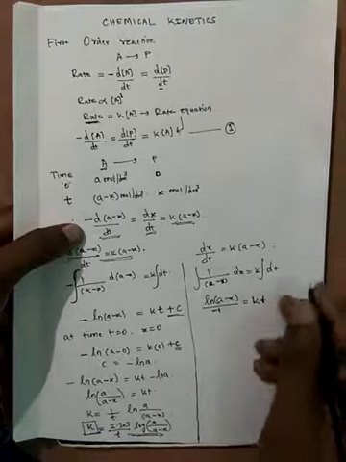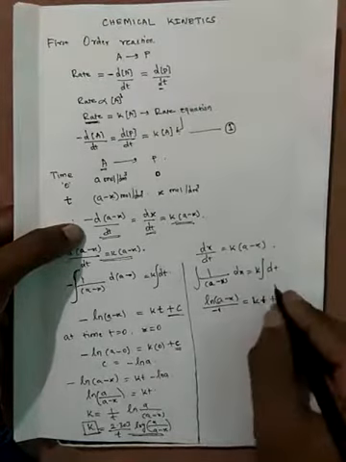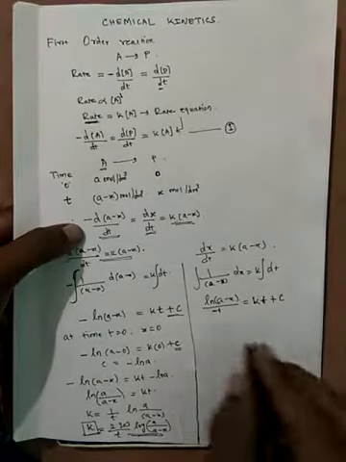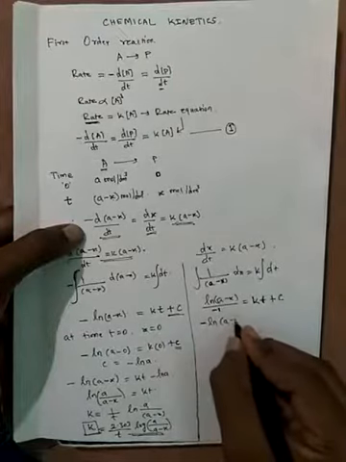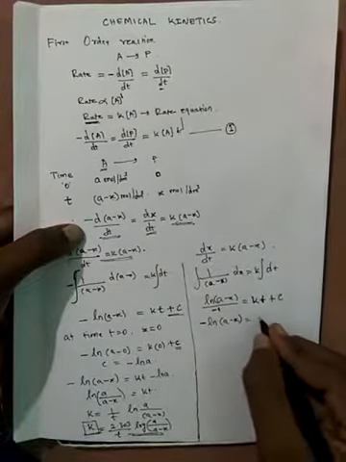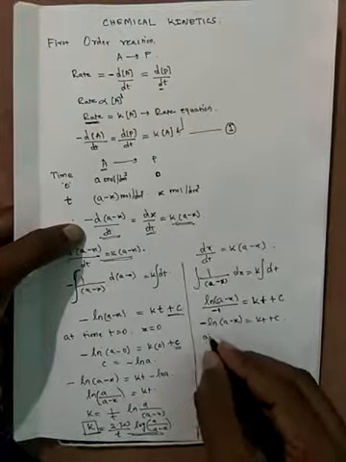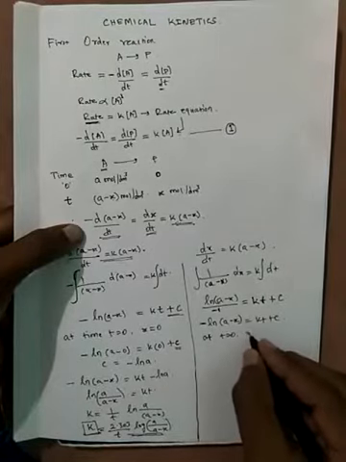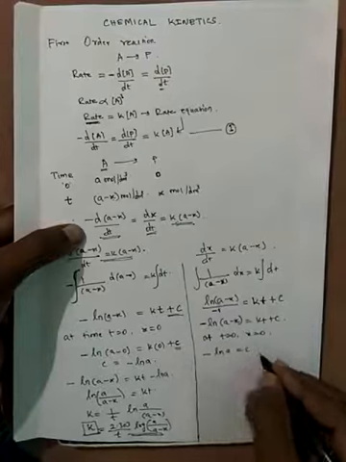So for this constant, if you take this side, you'll have a constant. So this is minus natural logarithm of a minus x equal to kt plus c. So again use the limit at time t equal to 0, x equal to 0. This is minus logarithm a equal to the constant.